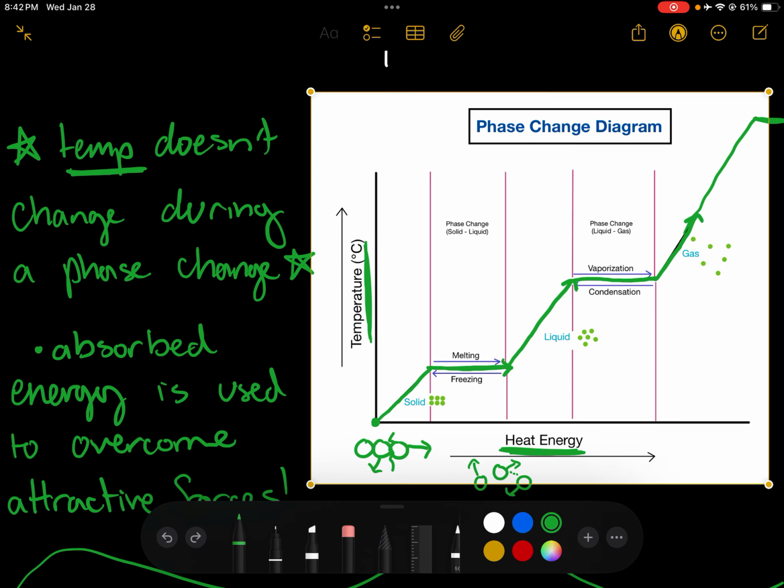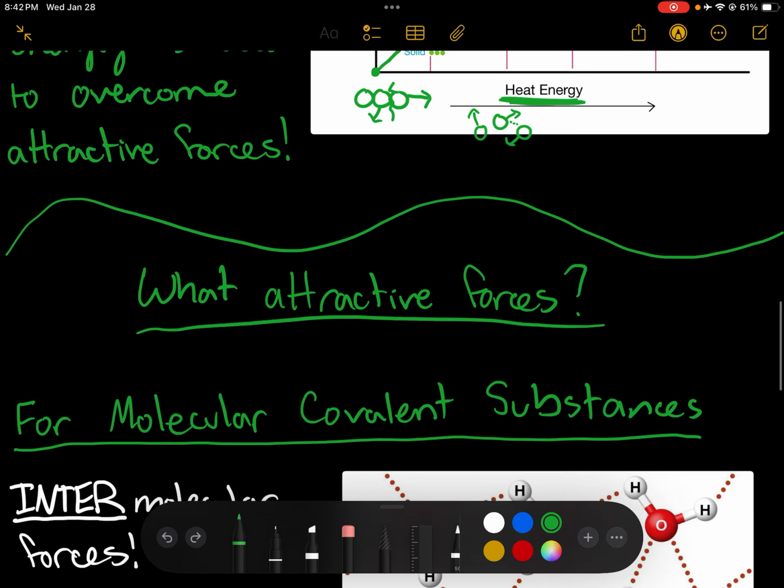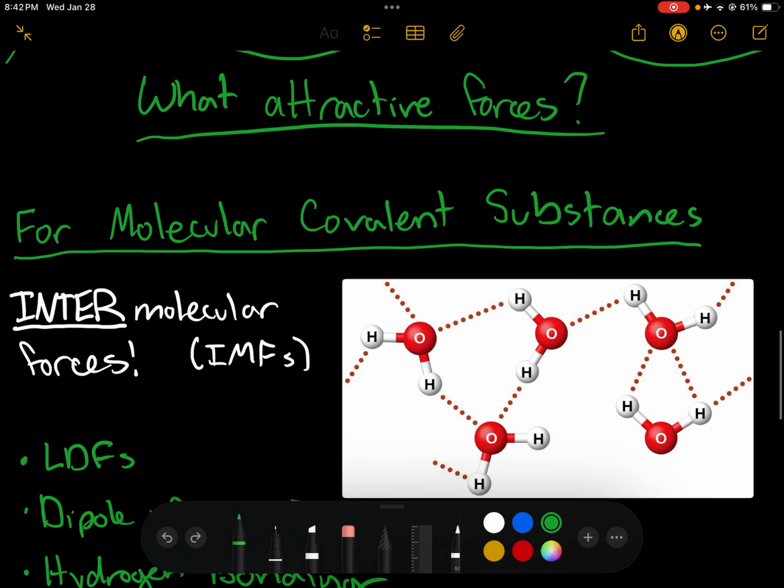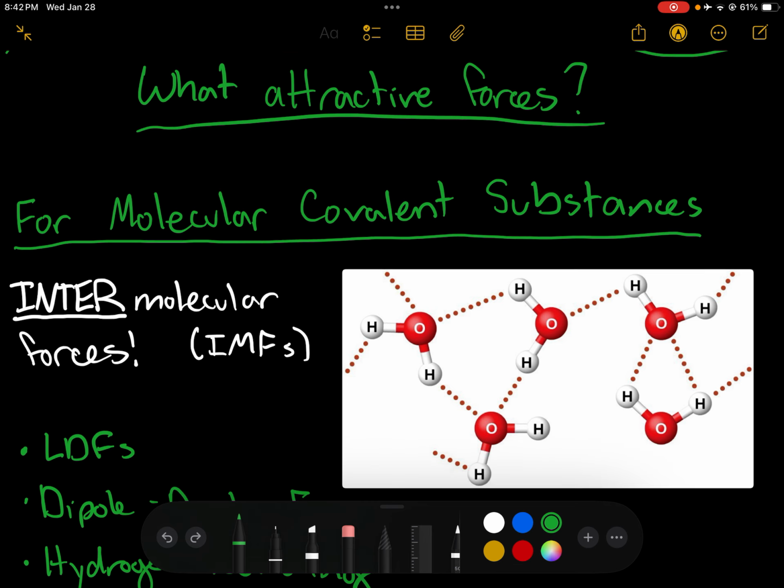In terms of what attractive forces are breaking specifically, it really depends on the type of molecule that you're looking at. So if you have a molecular covalent substance, and again, that's a covalent substance that has individual discrete molecules, that means that when you do a phase change, intermolecular forces, or IMFs, are breaking.